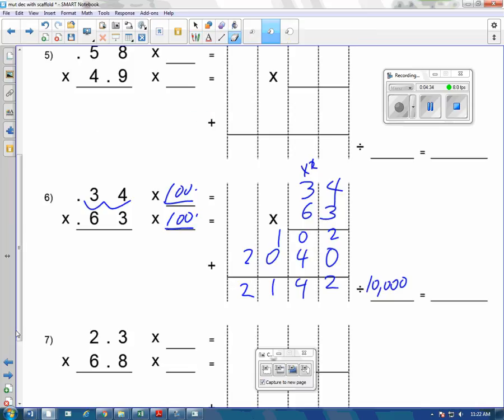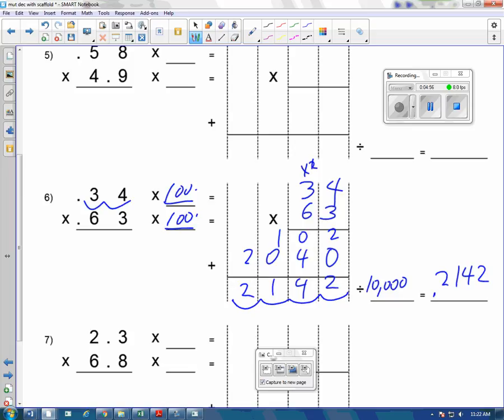Okay, all right. So if I multiply by 100 and 100 again, that's 10,000. I need to divide this by 10,000, right? Which means I'm going to move the decimal over how many places? 4. 1, 2, 3, 4. My answer is 0.2142, or 2,142 ten-thousandths.